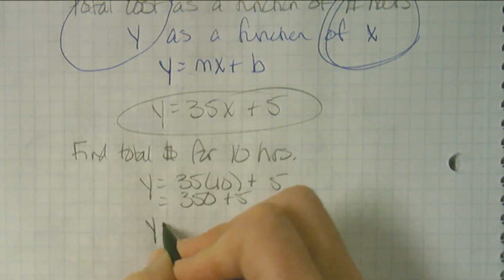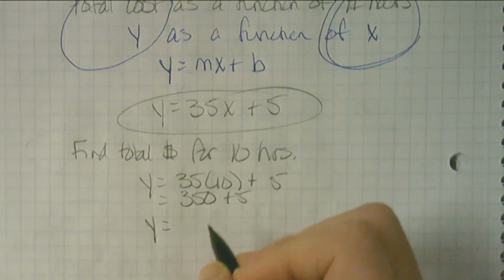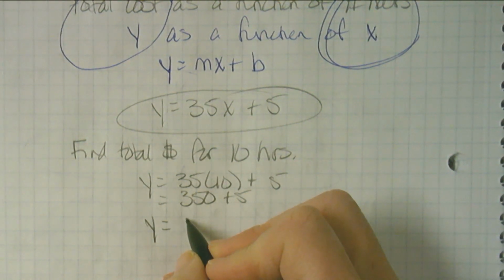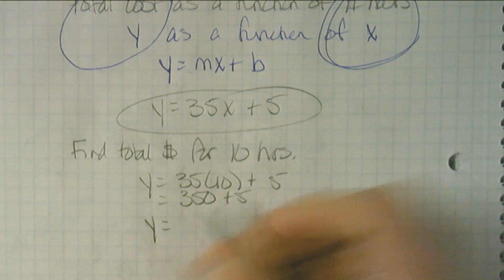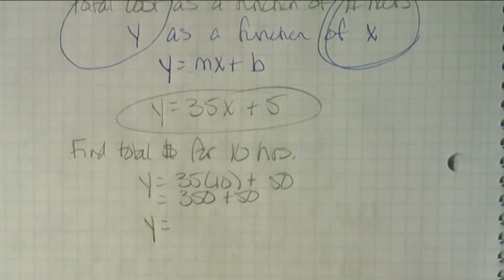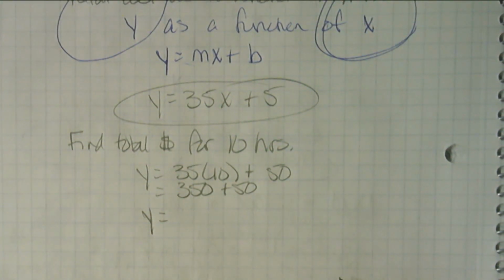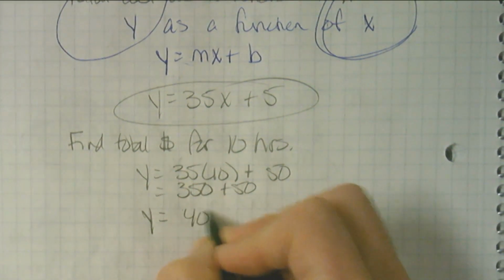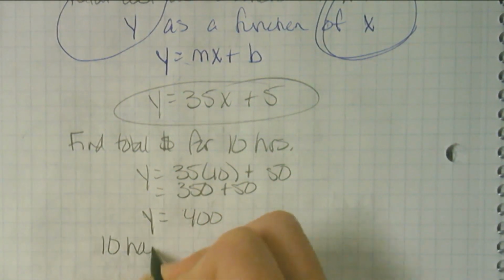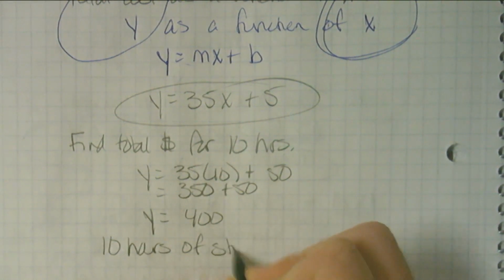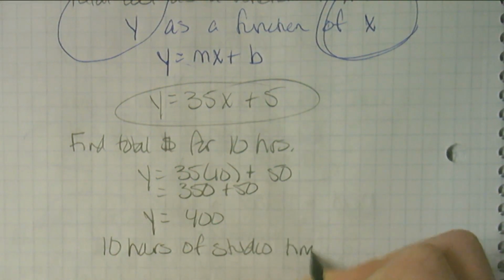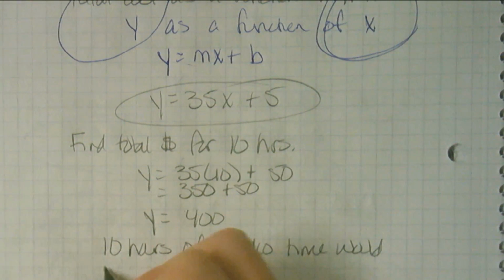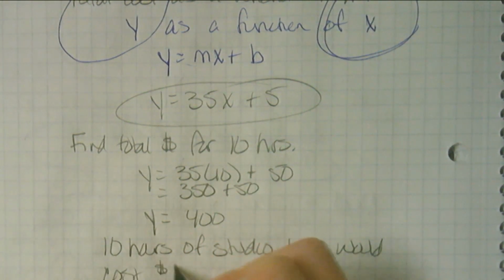So what is the total cost for 10 hours, Ashley? Oh, wait, that should be a 0. What should it be? 400. So 10 hours of studio time would cost $400.